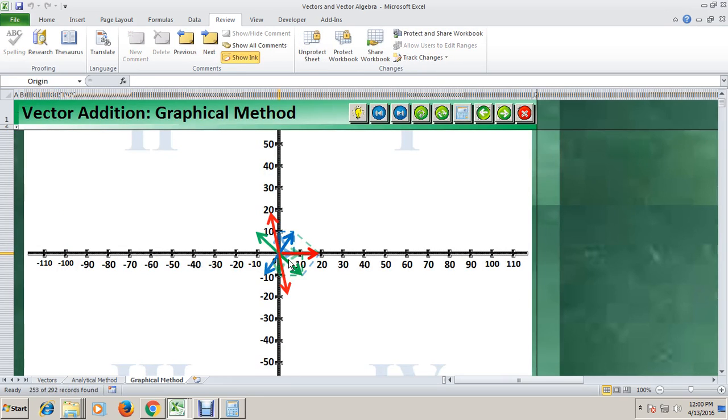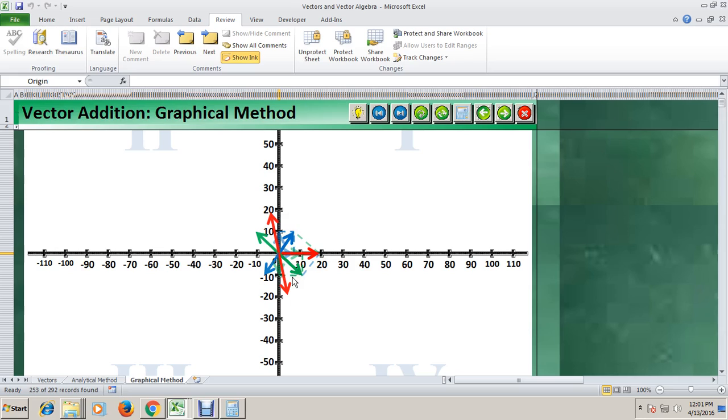So try to take note of the new set of vectors. This is your first set of vectors, blue, red, and green for A plus B. This is your resultant vector. This is your A plus B. Now this set, blue, red, and green, is your A minus B. This is your resultant vector for A minus B.